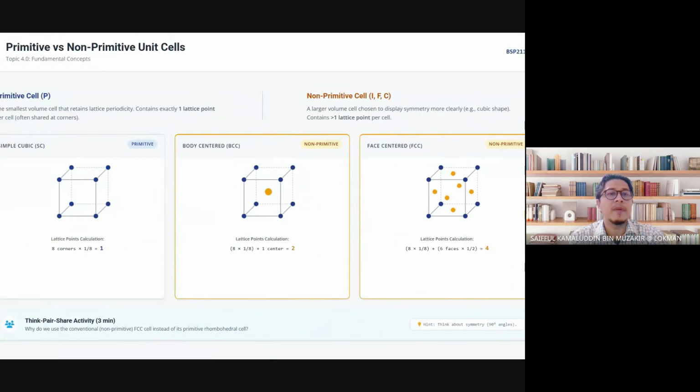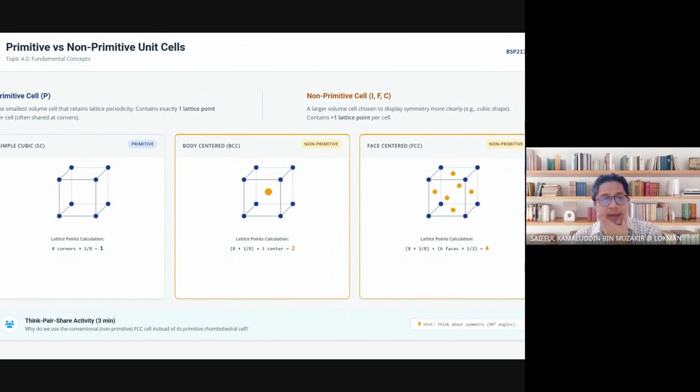There you go. We have primitive versus non-primitive unit cells. We need to be able to distinguish between primitive and non-primitive unit cells. A primitive unit cell is the smallest repeating unit that can reproduce the entire lattice through translation and contains exactly one lattice point, the smallest crystal that is going to be repeated.